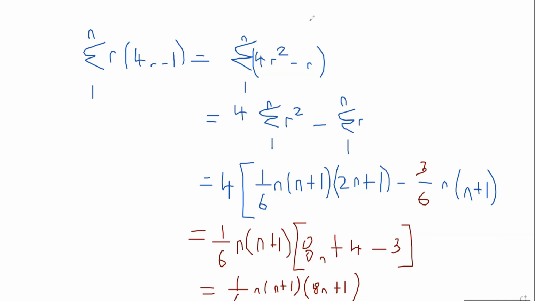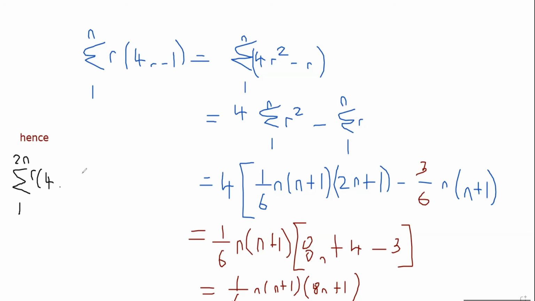Let's write it down in black. So you could then write, hence the sum from 1 to 2n of r times 4r minus 1.